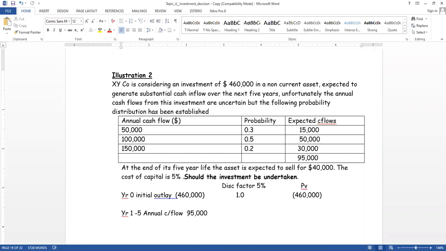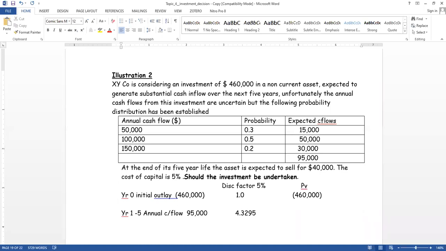Go to your tables. It is 4.3. 295. So you multiply and get the PV.